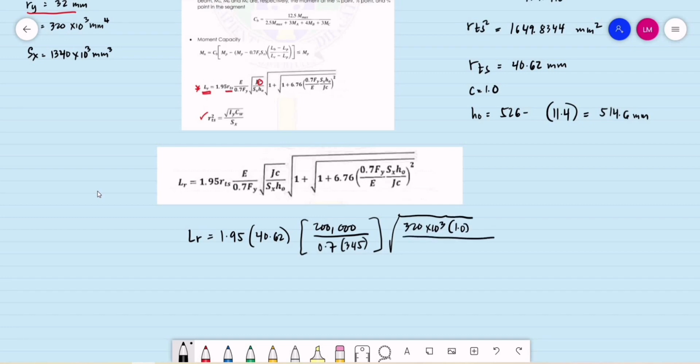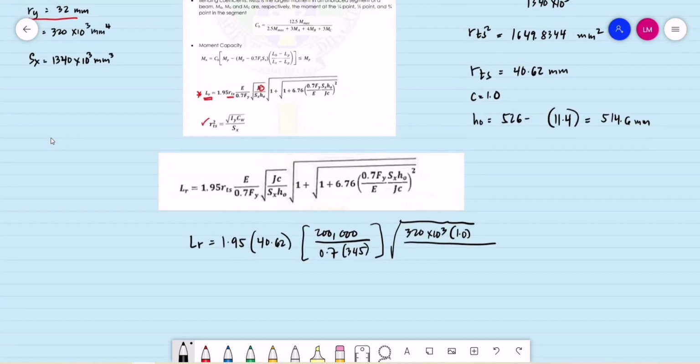Then divided by our section modulus with respect to the x-axis, S of x, 1,340 times 10 raised to 3. Then h sub o is equal to 514.6.